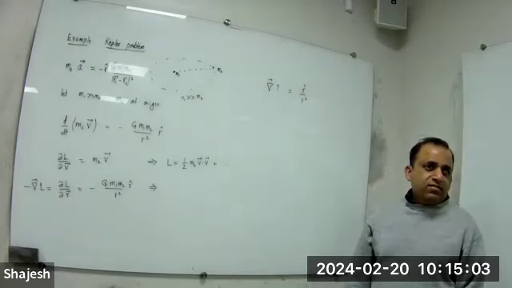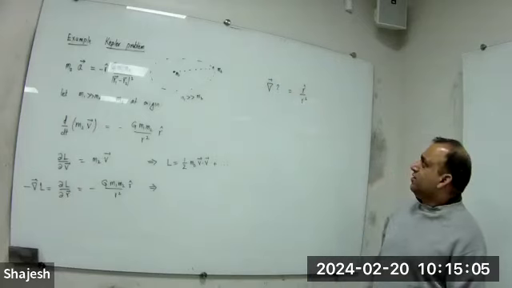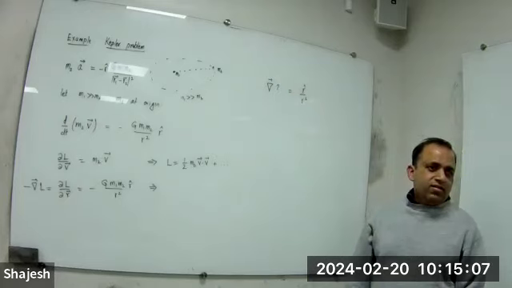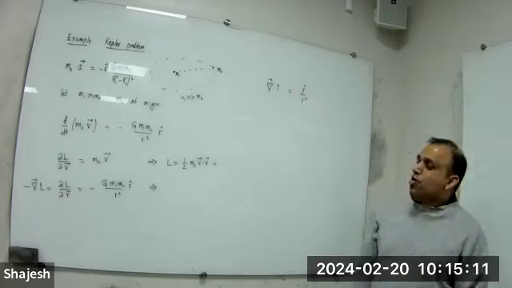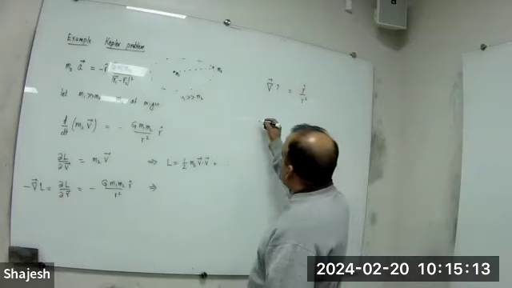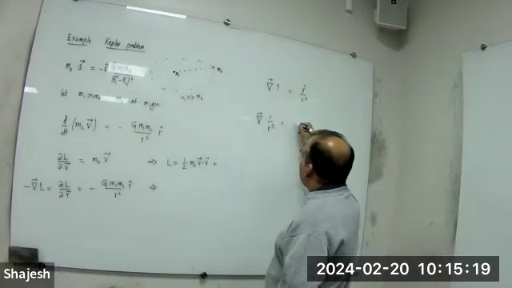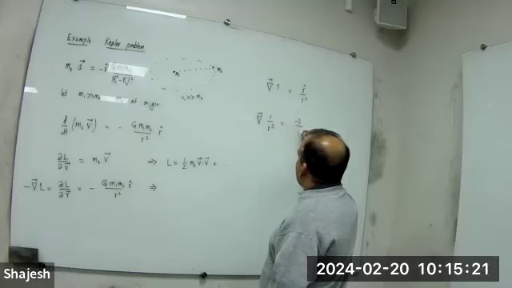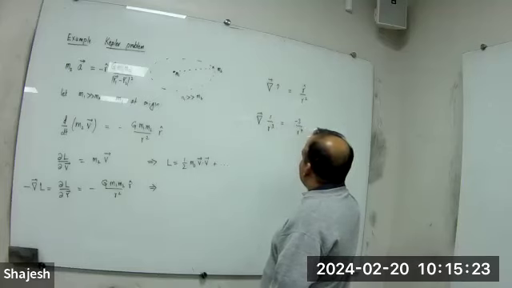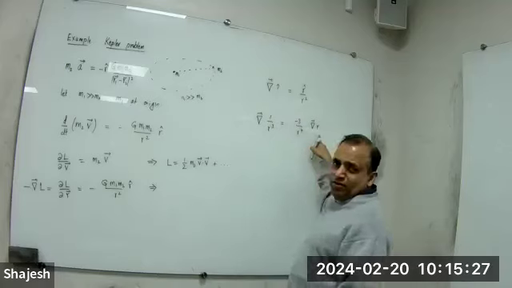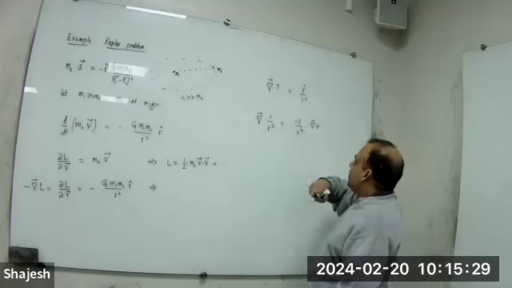Let's try 1 over R cubed. So the gradient of 1 over R cubed will be equal to minus 3 over R raised to 4, and then the gradient of R. How much is the gradient of R? R hat.